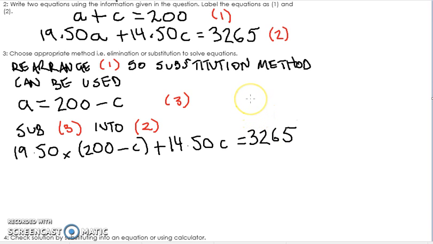So now all we have is a bit of algebraic cleanup to do in order to get C by itself. Whenever we have a number outside of the bracket, we times by both what's on the inside, the first and the second one. So $19.50 times 200 is 3,900.